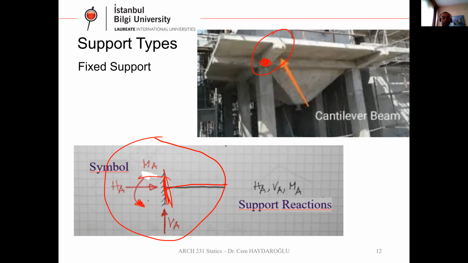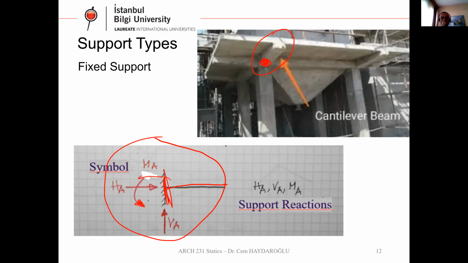Yes, we were talking about the fixed support. We have three unknowns. Question for you. If I have a roller support, how many unknowns do I have? One. Yes. In which direction? Vertical.